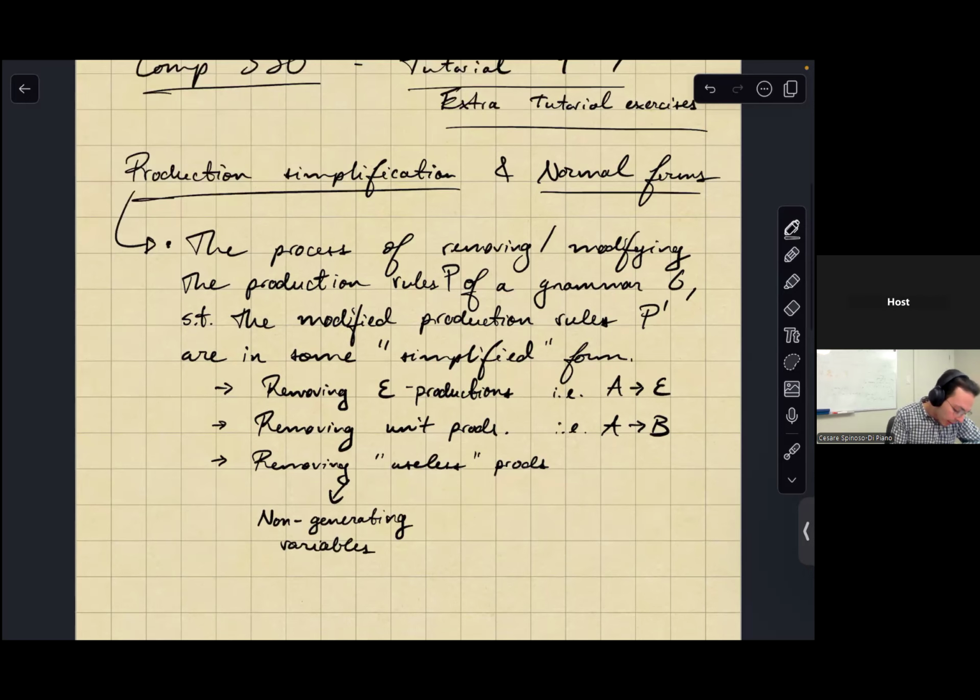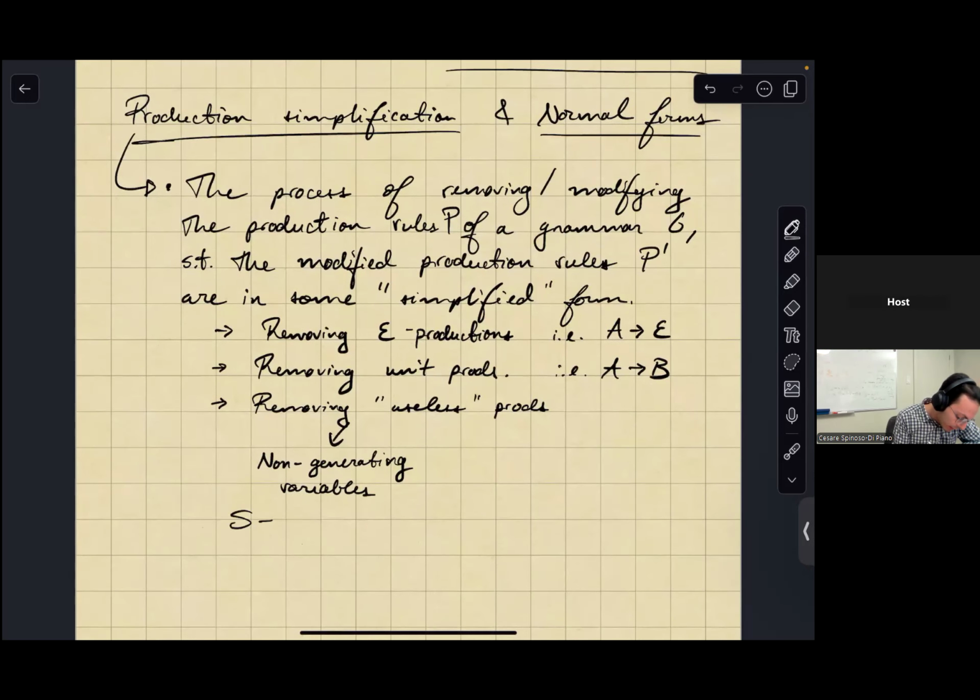A non-generating variable is, if you have something like S gives you A or AS or epsilon, and then A gives you AS or ASA, right?